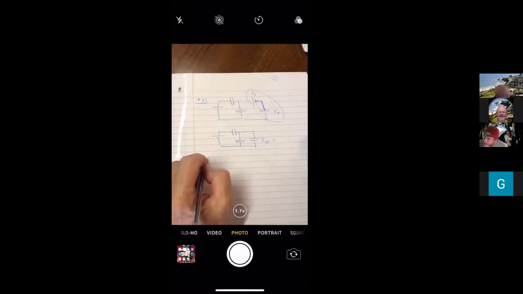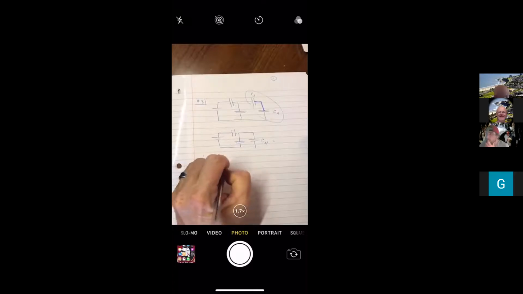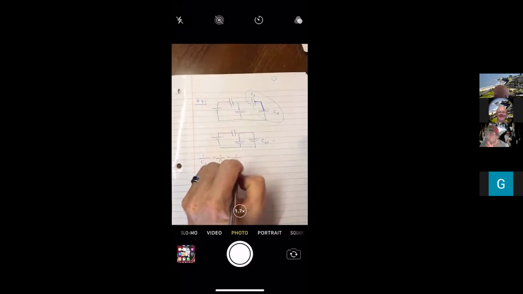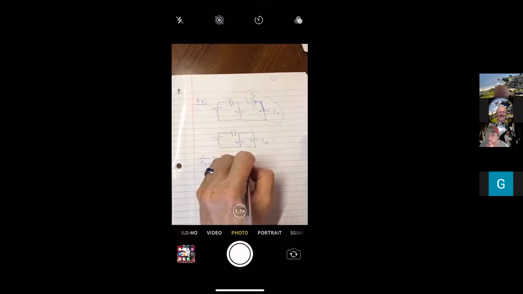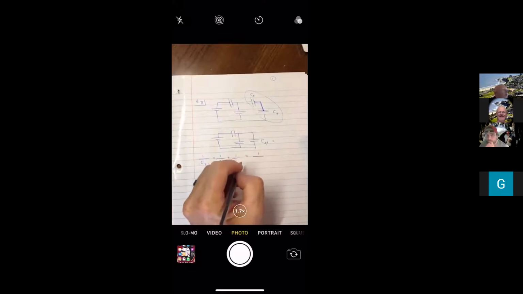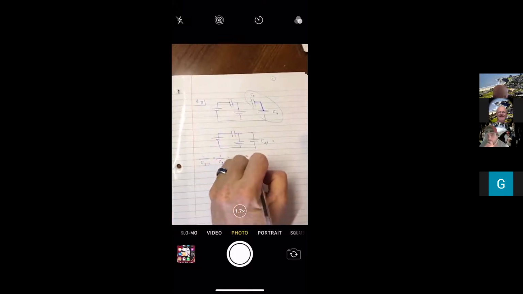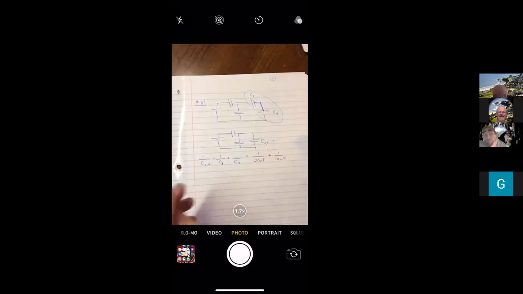And since they are in series, we do a reciprocal calculation. And so this is 1 over, and so this is a 20 microfarad, and number 4 is a 10 microfarad.